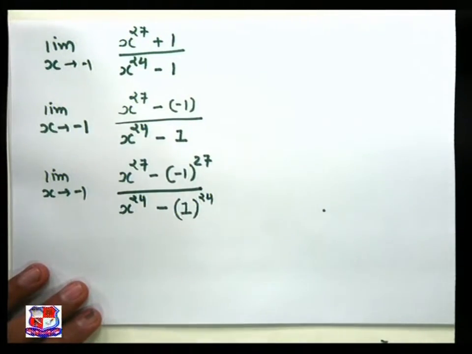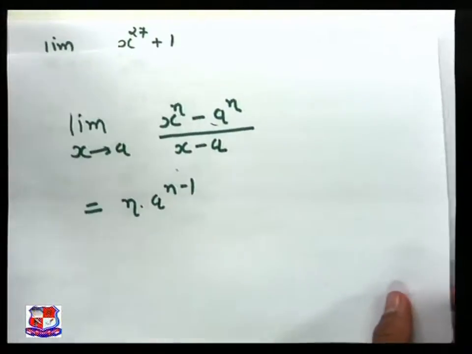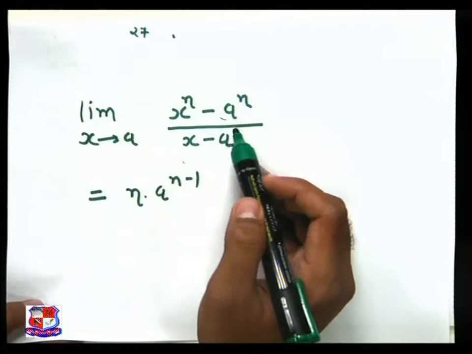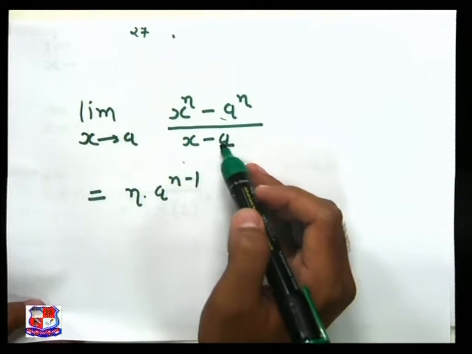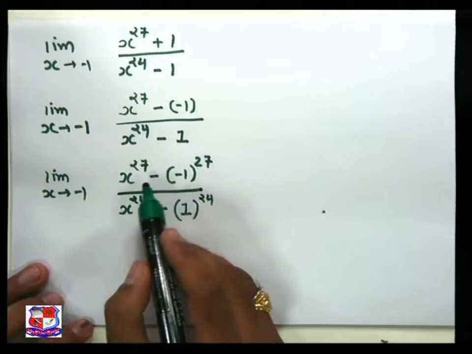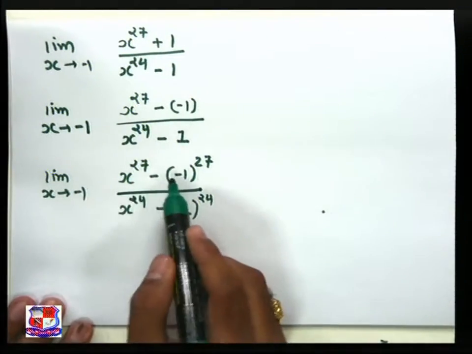Now again look at our formula. Here, the term without power must go into the denominator side, that is x minus a. So again we multiply and divide with that term, here x minus 1.